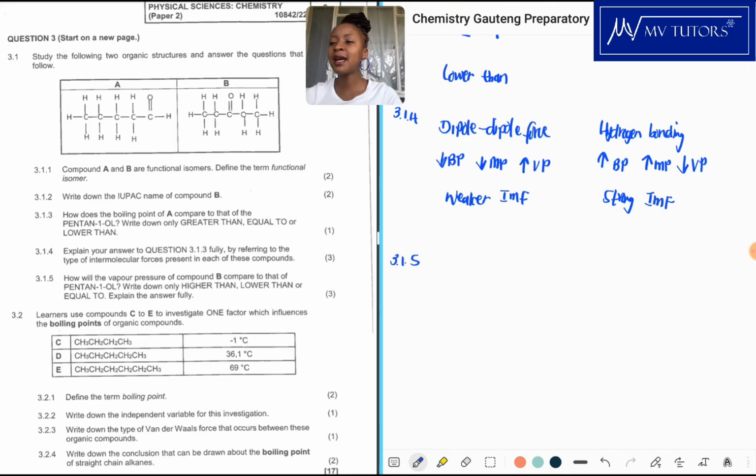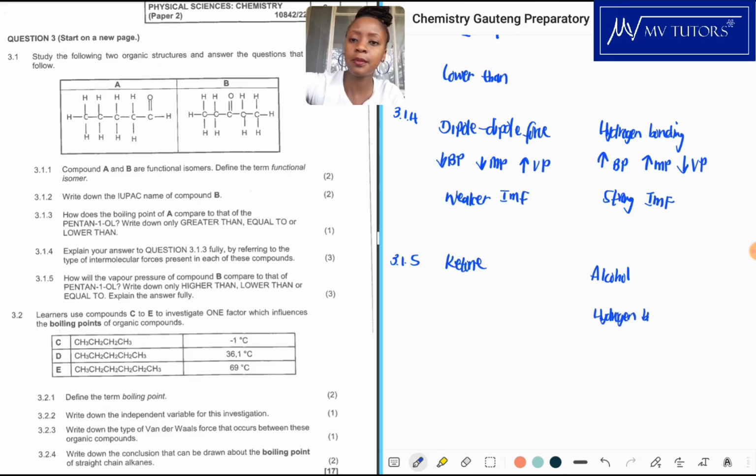Next question. How will the vapor pressure of compound B, that is the ketone, compare to that of pentan-1-ol? So we're still comparing to an alcohol. Again, here you have hydrogen bonding, and here you still have your dipole-dipole, because the ketones and the aldehydes are the same.